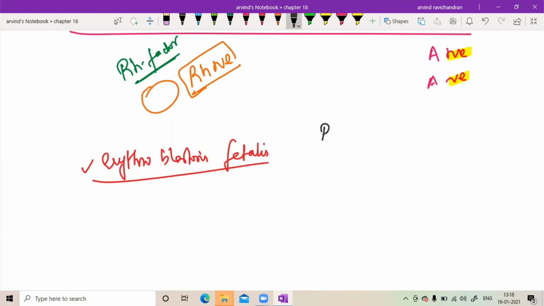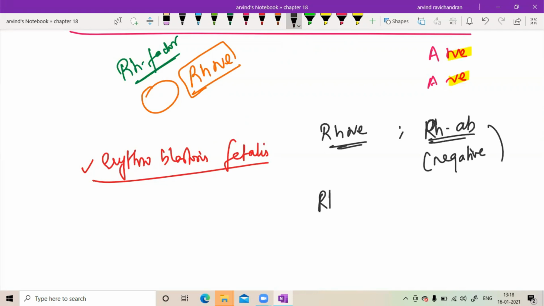Now, an Rh positive person, which means he has got the Rh antigen, will not have the Rh antibody. So let me write this: Rh antibody negative. Similarly, an Rh negative person who does not possess any Rh antigens will have antibodies in his plasma.